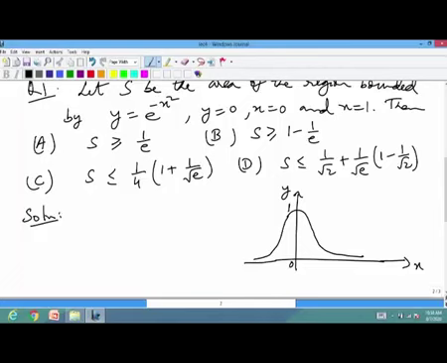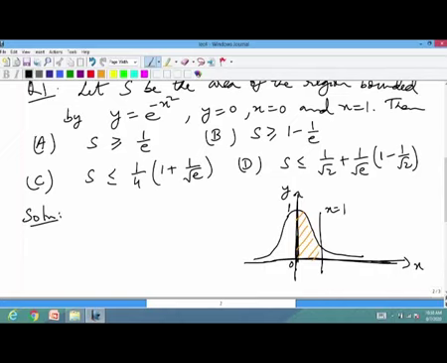So, this region is the area bounded by this curve, y equal to 0 is the x axis, x equal to 0 is the y axis and x equal to 1. So, this is the region, and the area of this region is given to be equal to S.